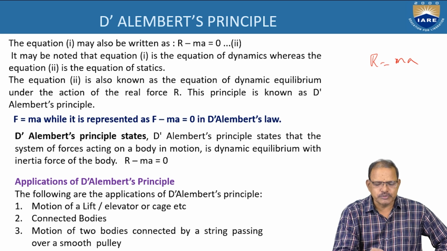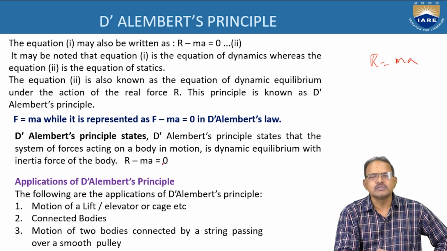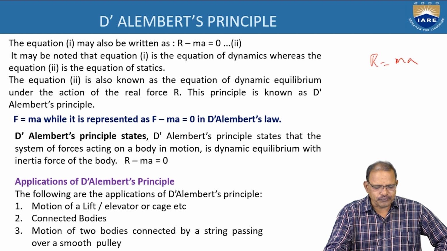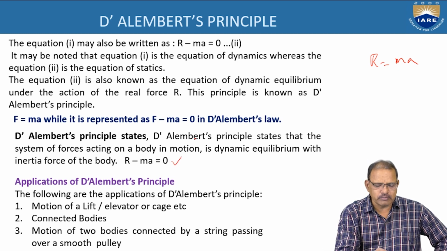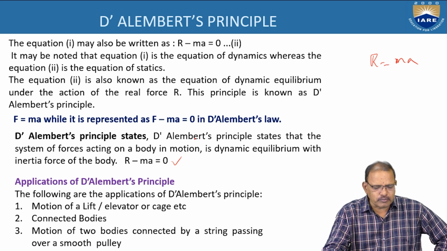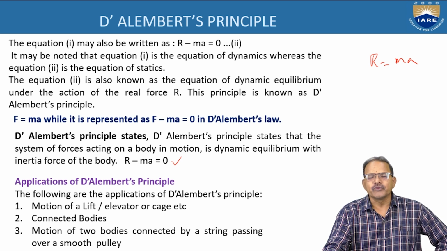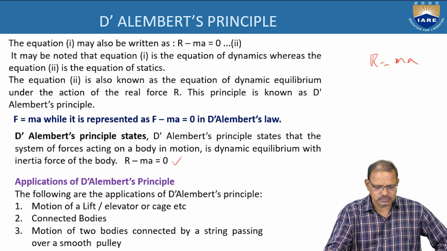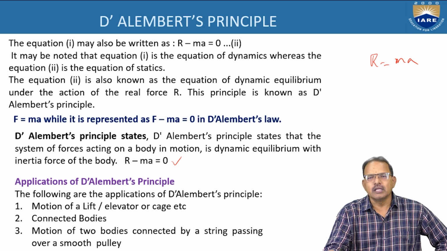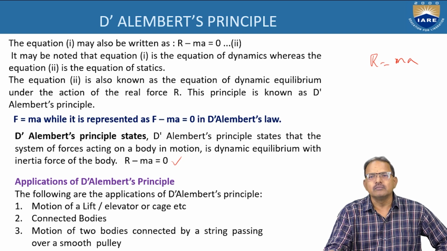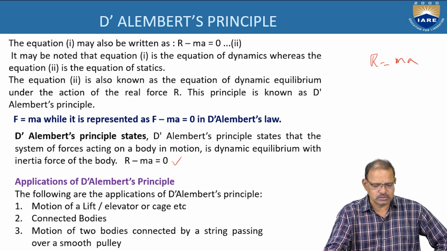That means D'Alembert's principle states that a system of forces acting on a body in motion is always in dynamic equilibrium with the inertia force of the body, that is R minus ma is equal to 0, where minus ma represents the inertia force of the body. This equilibrium is called dynamic equilibrium because the forces are acting on the body and the resultant is equal to 0, but the body is in motion.